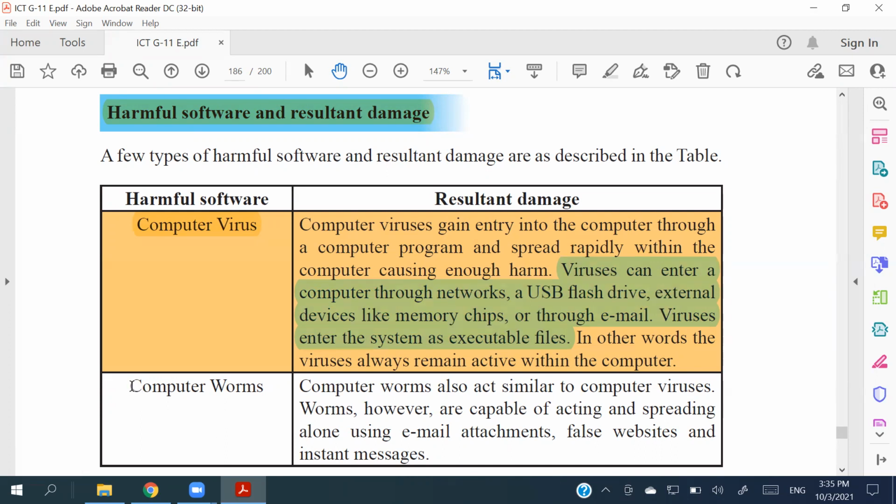And regarding computer worms, you have to write the entire thing. Let me know when you are done, people.